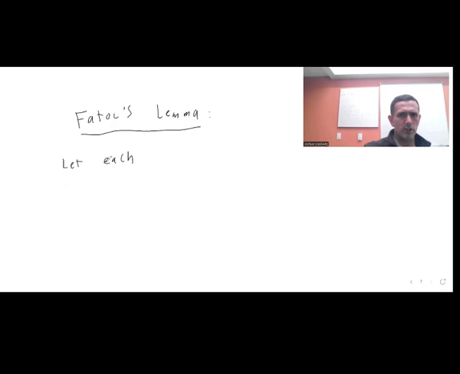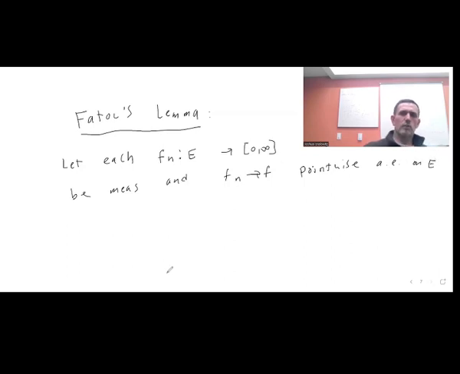We have a sequence of functions. So let's assume each of these is measurable. E, of course, is measurable. Now let's assume we have Fn converges to F pointwise almost everywhere on E. So Fn of X converges pointwise to F of X for almost every X in E. Okay.